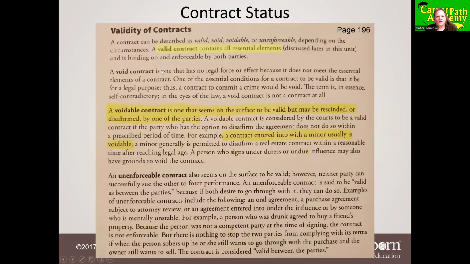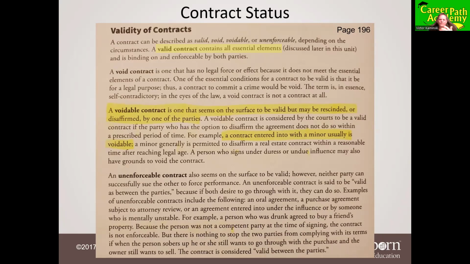Good enough. All right. Now, contracts can be valid, void, voidable, or unenforceable. So what do these terms mean? Well, a valid contract is one that has all the essential elements. And what are the four essential elements of a valid contract? Competent parties, offer and acceptance, the legal part, it has to be legal, and consideration.